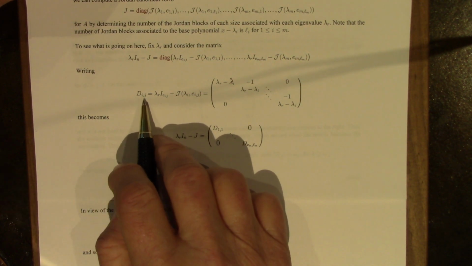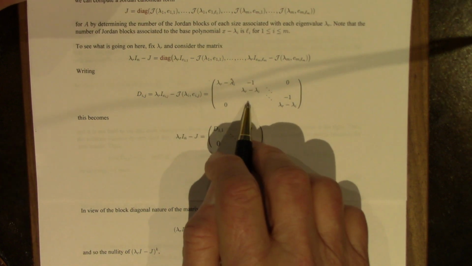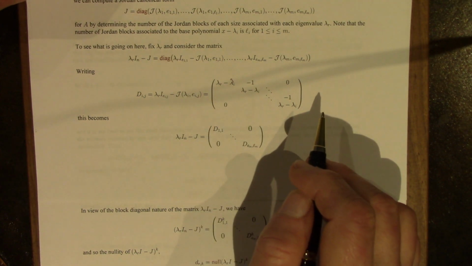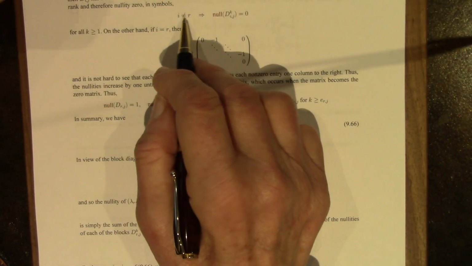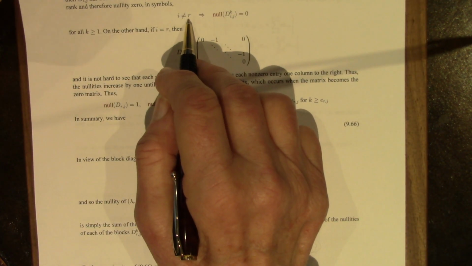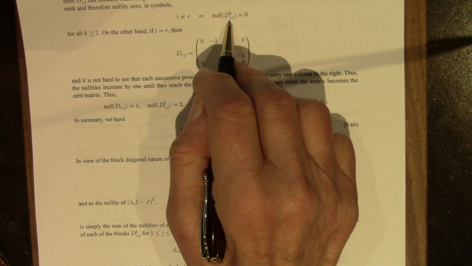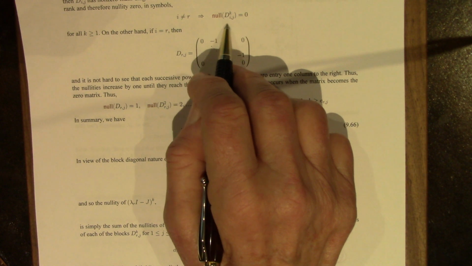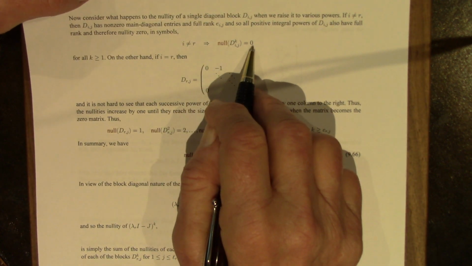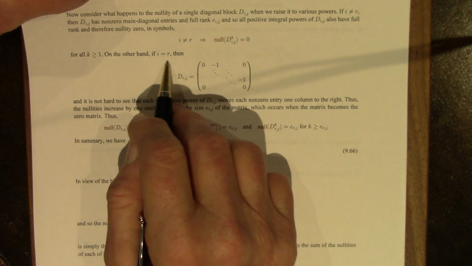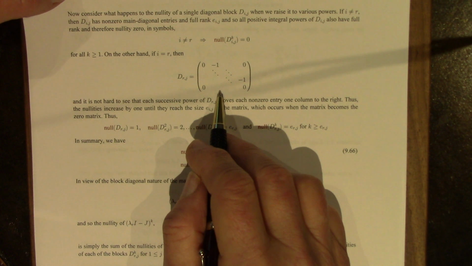You raise it to any power you want, it's still invertible, still has full rank, still has nullity 0. So if i is different from r, then this block D sub ij has nullity 0, and all the powers have nullity 0. But if i equals r, then we get a block that looks like this.